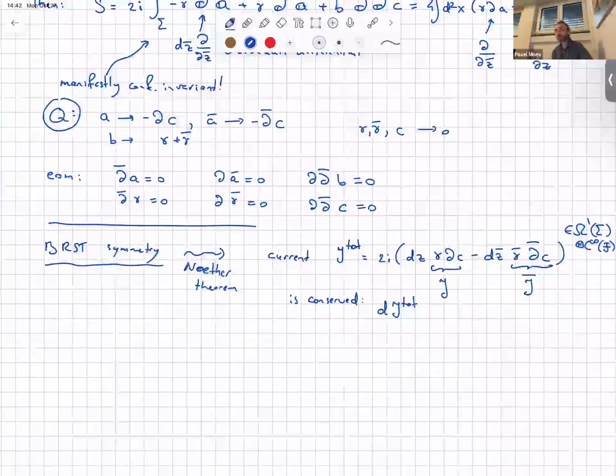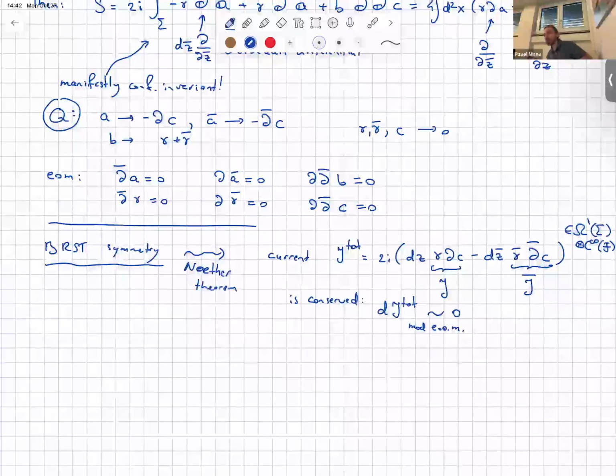It is conserved in the sense that if I apply the de Rham derivative to it, then I will get 0 if the field satisfies equations of motion. So I get 0 modulo equations of motion.